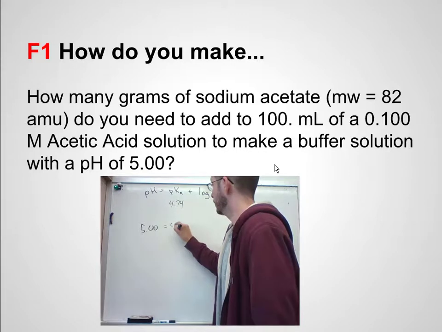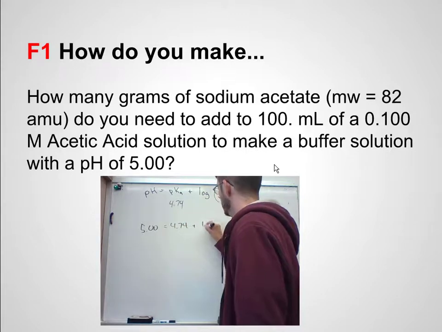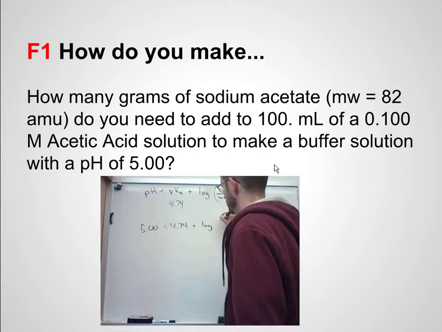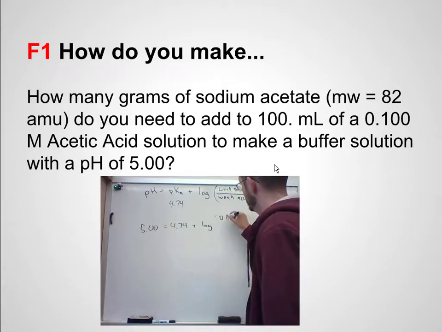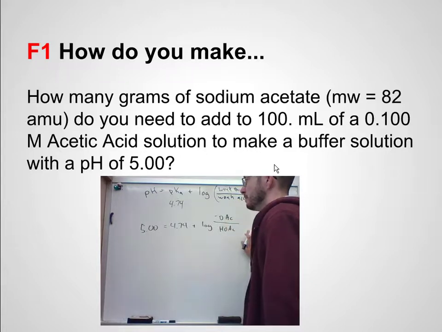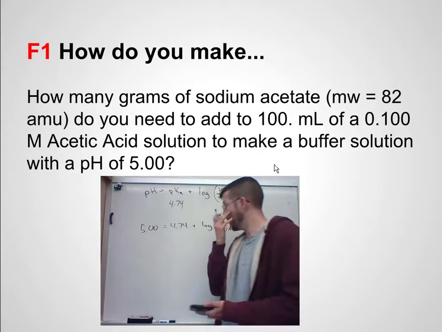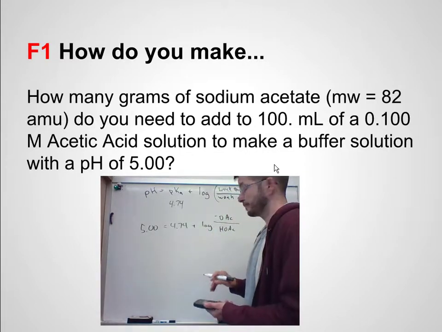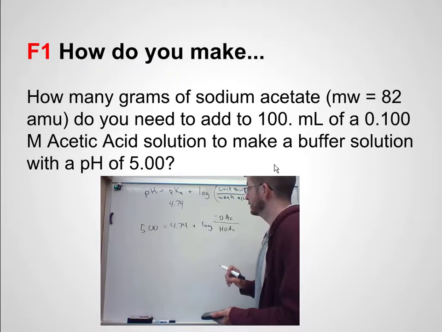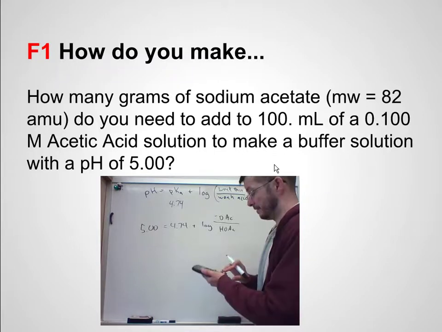pH is equal to 4.74 plus the log of the base, which in this case is sodium acetate, divided by the acid, HOAc. This says that if we wanted to make this solution, the ratio would have to be fixed by this.